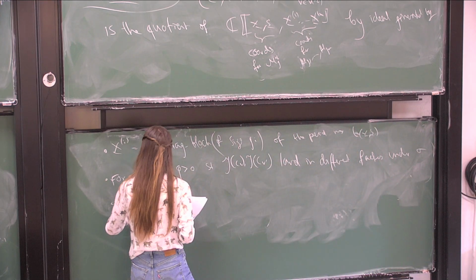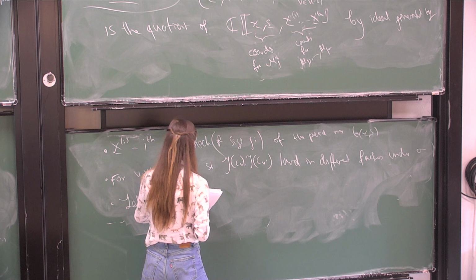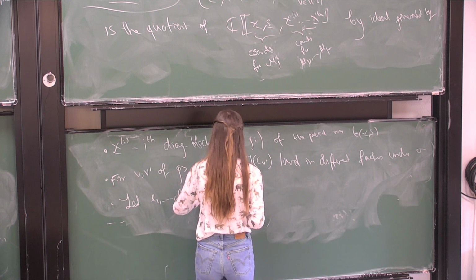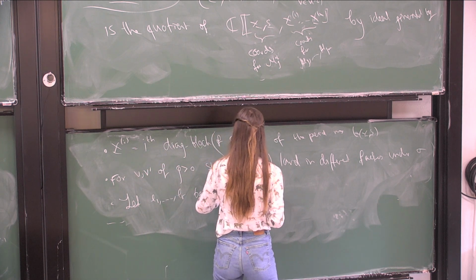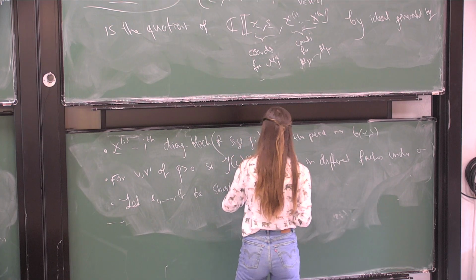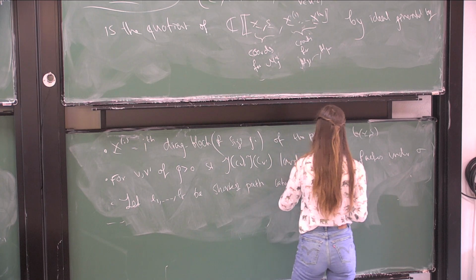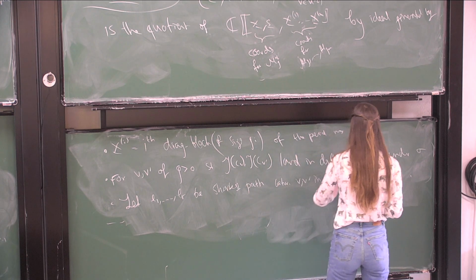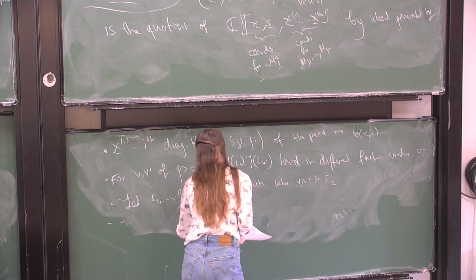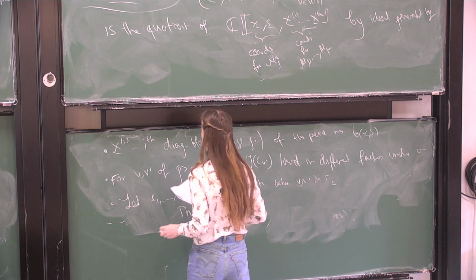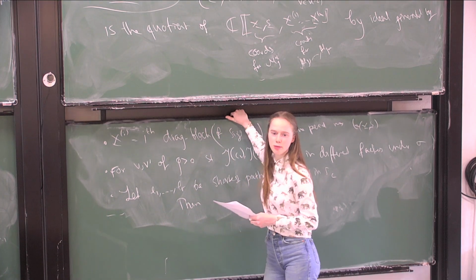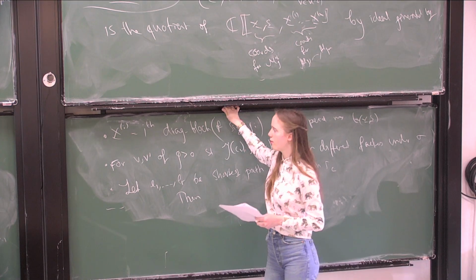So if we let E_1 up to E_R be the shortest path between V and V prime in the dual graph, then by looking at this Taylor expansion, actually in this case we don't need the full Taylor expansion, we only need the terms of lowest order.